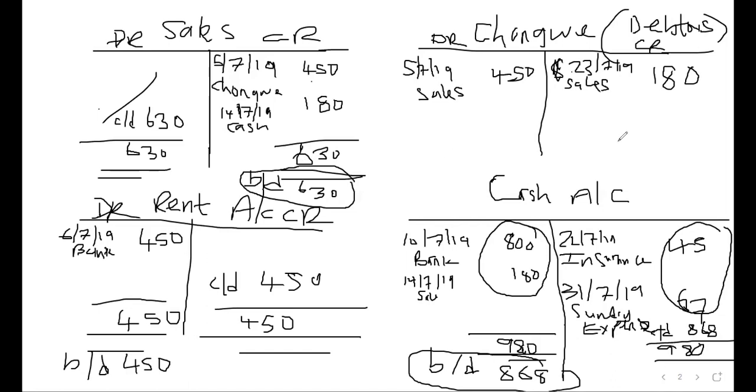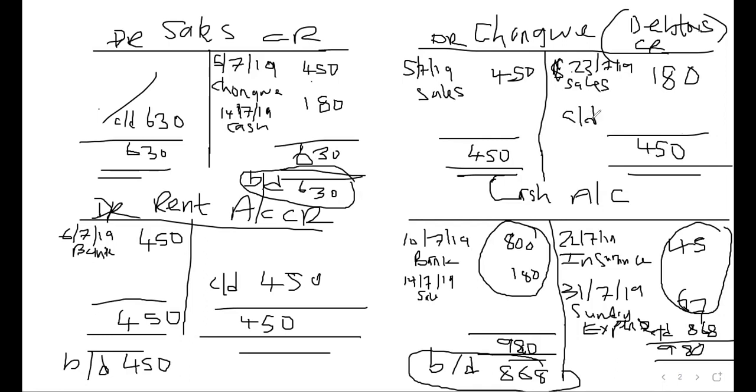Even here for Chongwe, let's balance off this Chongwe. How do we balance Chongwe? Chongwe is our debtor. So here you use the larger figure on this end. We sold goods to Chongwe Limited, but they retained some goods that we sold to them. So as far as this is concerned, you're going to have a 270 here.